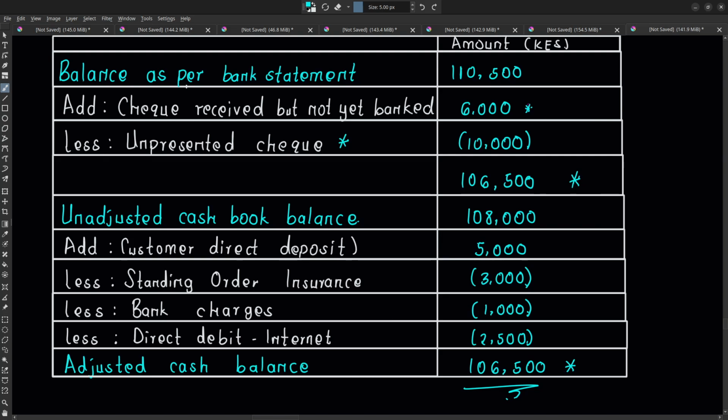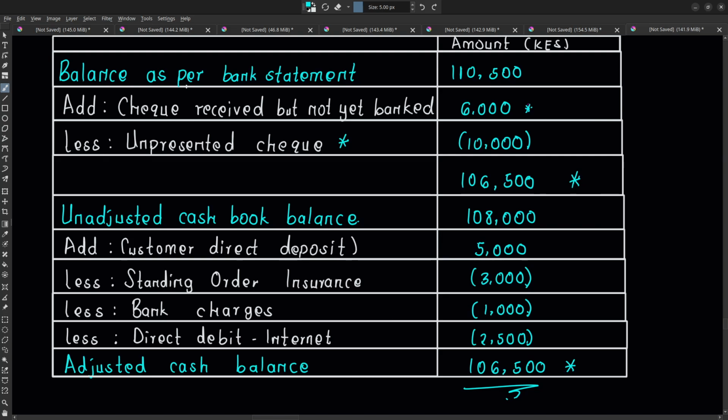As an auditor, you will be able to clear these items in the following bank reconciliation, because it lists the differences that are causing the bank statement balance and the cash book balance to differ. So throughout the period, you will have a record of what is causing the balances, especially these items for check received or unpresented check. You're going to clear them because you're going to see them in the next bank reconciliation, explaining the differences in the balance in the bank statement and in the cash book.